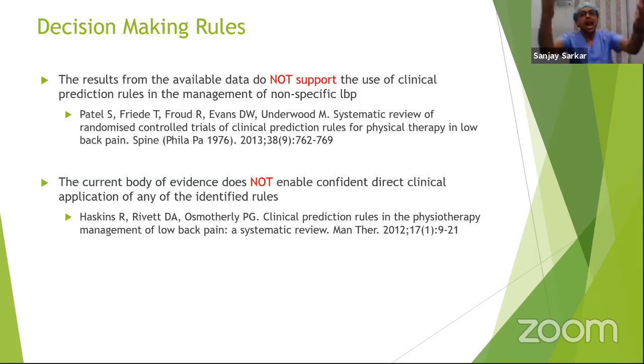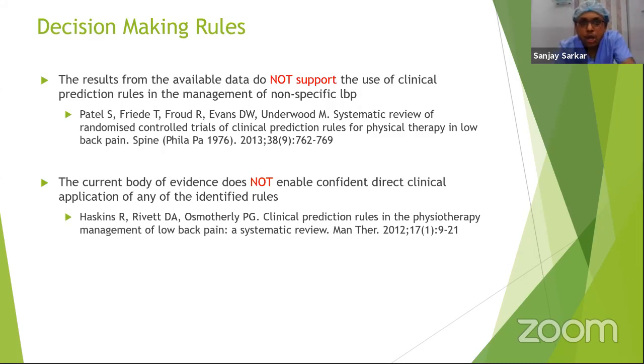Okay, so now from that we are talking about decision-making rules. Unfortunately, the lumbar spine is so variable and it is clinically difficult to predict the causation that, till date, till last night, there is no published report on how you can decide on a diagnosis based on testing.